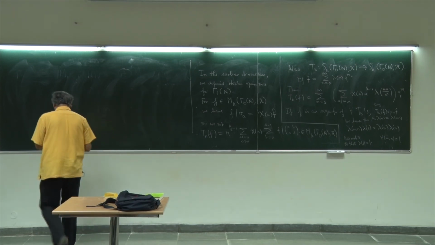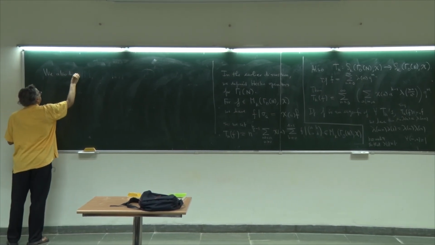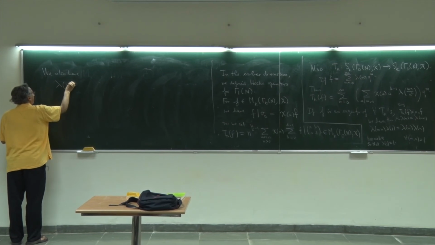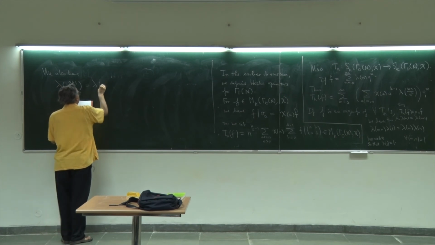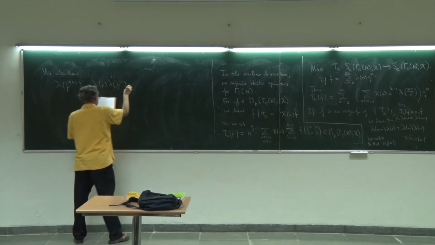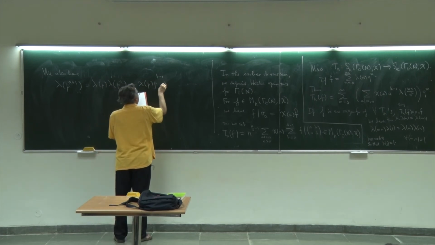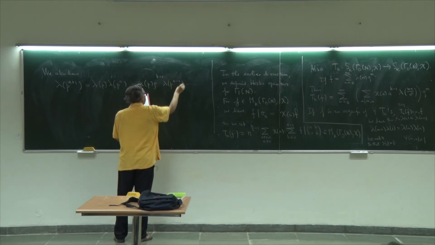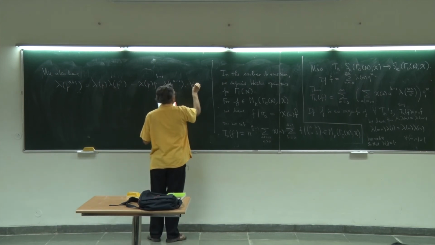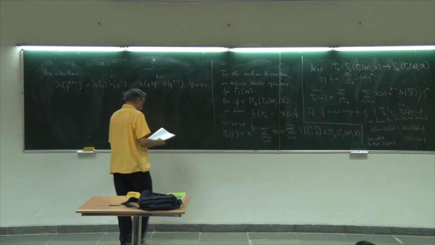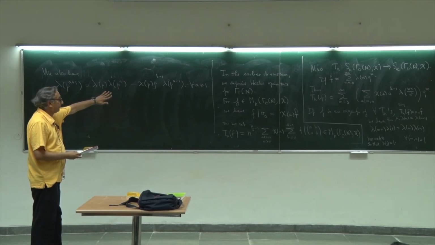And that recursion relation we also have: lambda of p to the a plus 1 equals lambda of p times lambda of p to the a, minus chi of p times p to the k minus 1 times lambda of p to the a minus 1, for all a bigger than or equal to 1. So the second part of the conjecture is also clear.